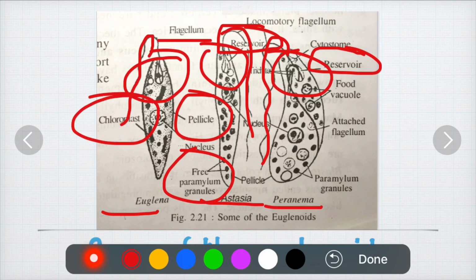This is one of the characteristic features of plants. They also have food vacuoles and contractile vacuoles, as in the case of animals. The Euglenophyta show characteristic features of both plants and animals. That's why they're called a connecting link between plants and animals.